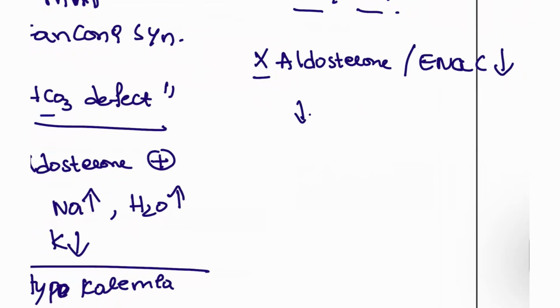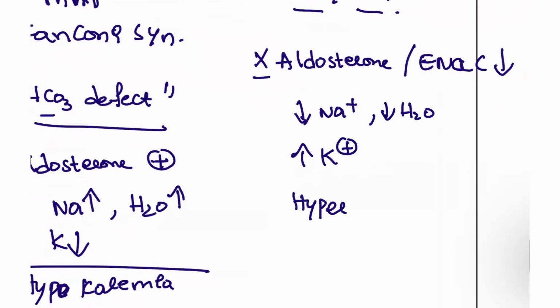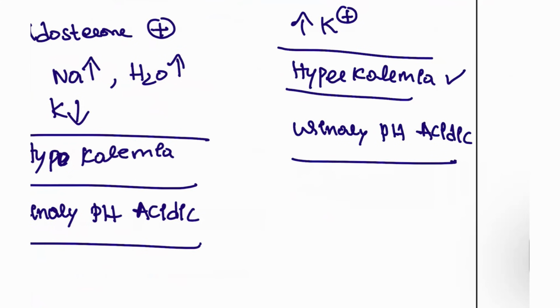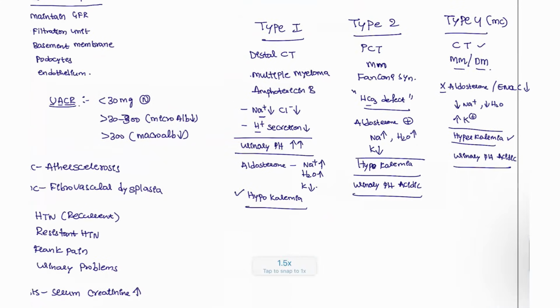That will cause sodium to decrease, water to decrease, along with increased potassium. So, hyperkalemia associated RTA, that is type 4. And urinary pH again here is going to be acidic. So these are the different points that you have to take note of in the RTAs.